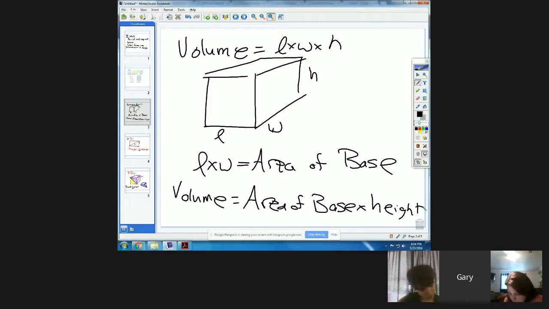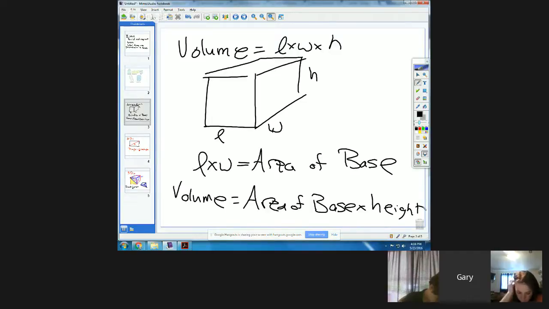There they show a section called Volumes of Pyramids and Cones. And they've got a capital B pointing to the top of that box there. That's what I'm referring to. So that's congruent to the base parallel to it at the bottom.